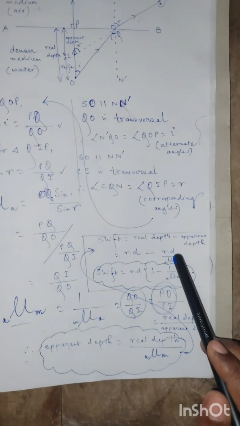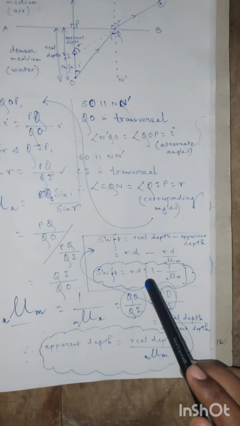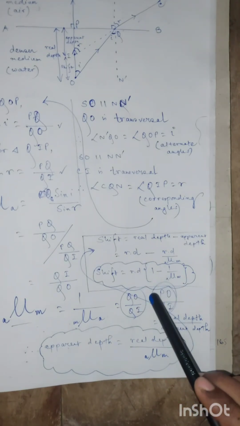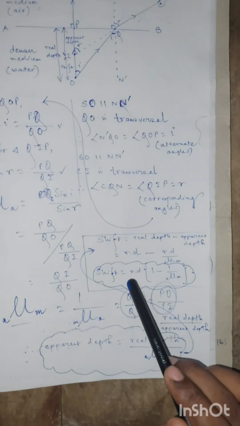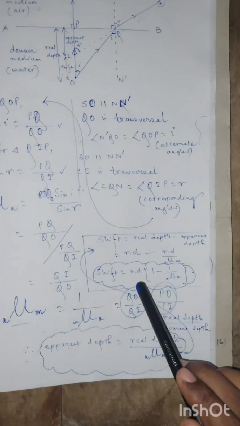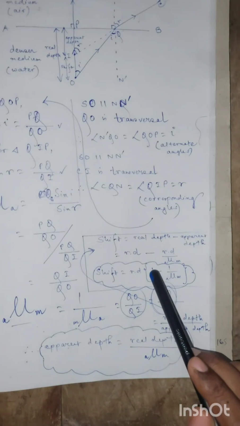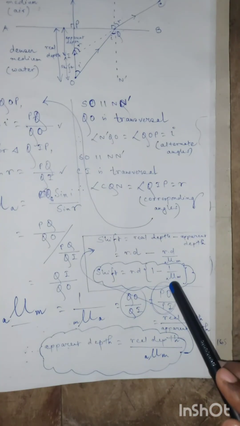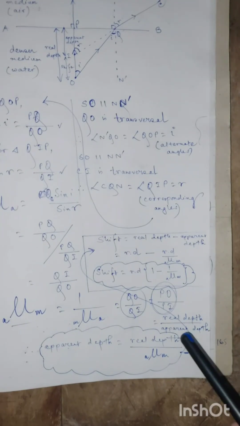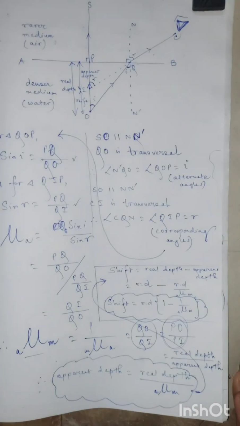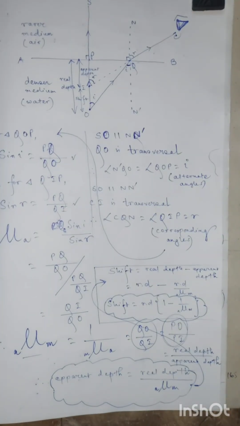If we take RD common, that means real depth common, it gives us shift equal to real depth within bracket 1 minus 1 by mu, the refractive index of the medium with respect to air. Okay, so this is our relation. This is our shift. I hope this thing is clear to you.